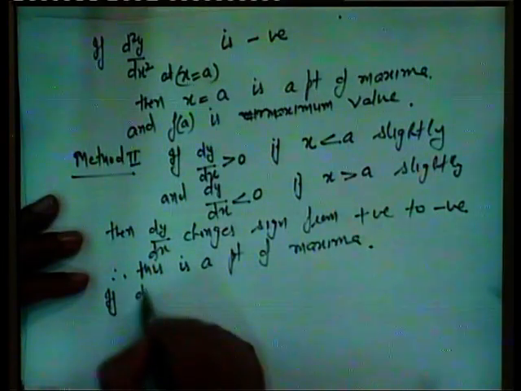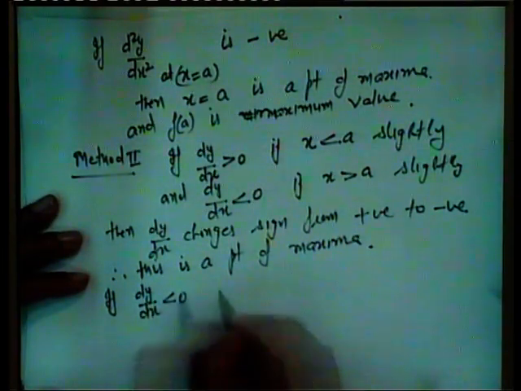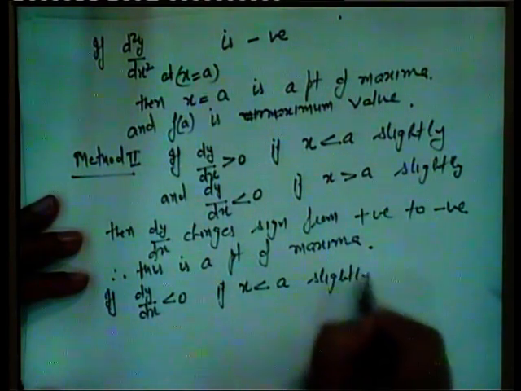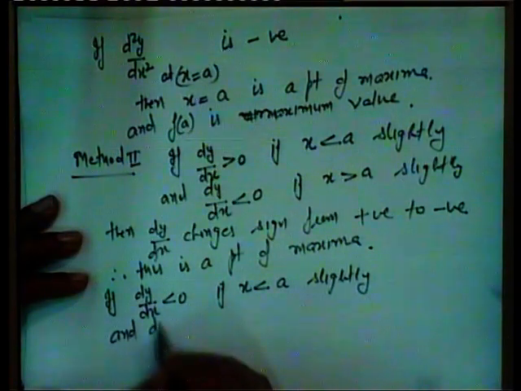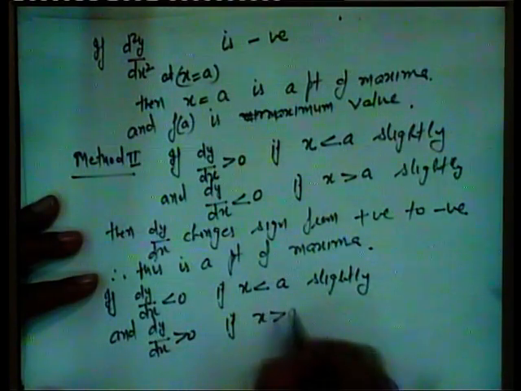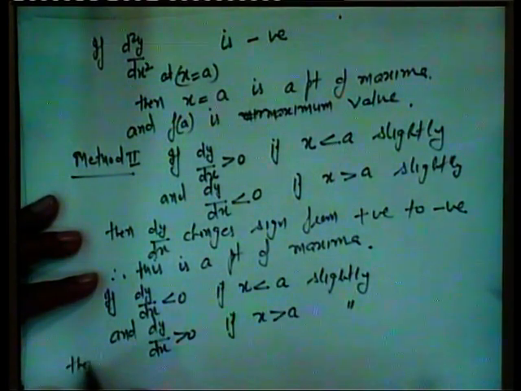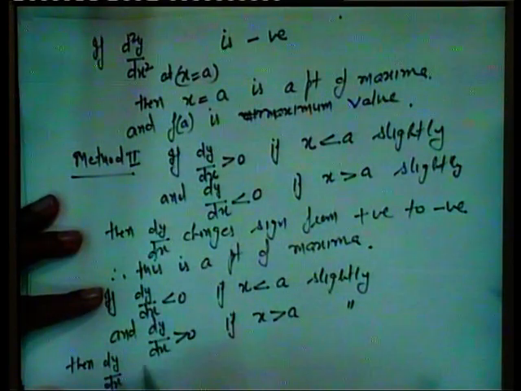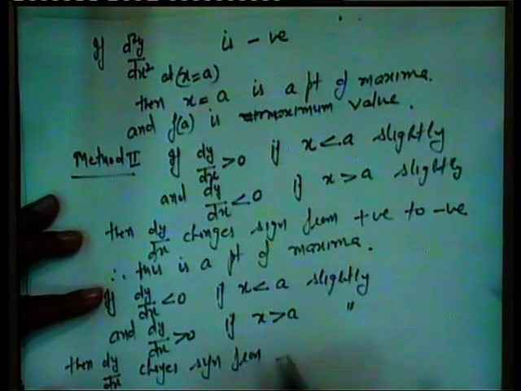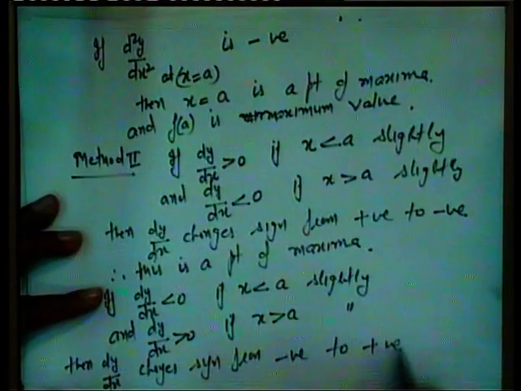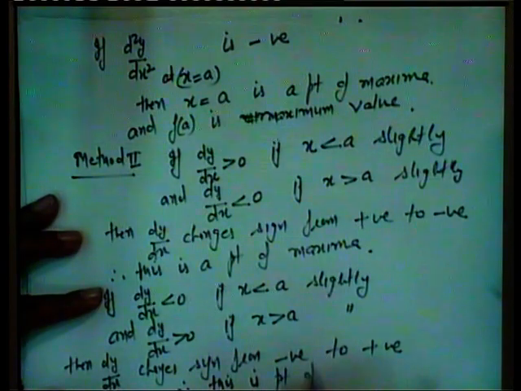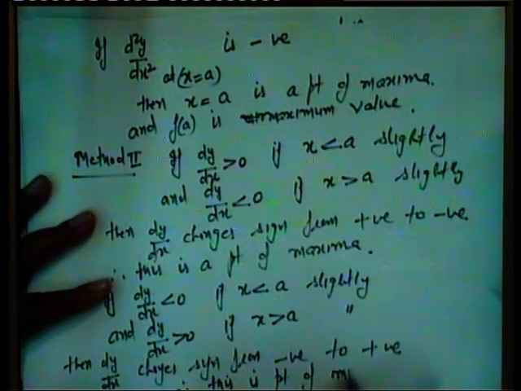If dy by dx is negative if x is less than a slightly, and dy by dx is greater than 0 if x is greater than a slightly, then dy by dx changes sign from negative to positive. Therefore, this is a point of minima.